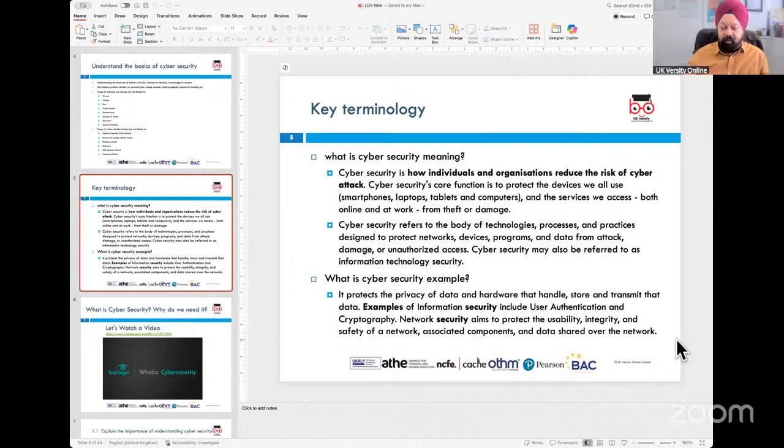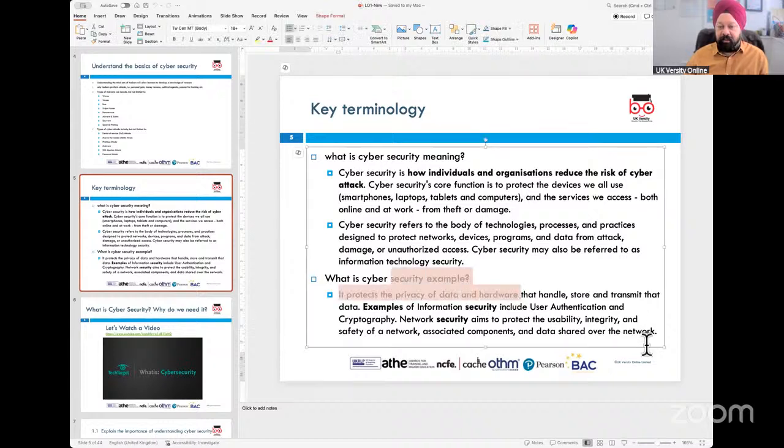This is one of the clearest ways to deter or remove any sort of attack in terms of people trying to get hold of your sensitive information. And that could be an example of how to prevent a cybersecurity attack.